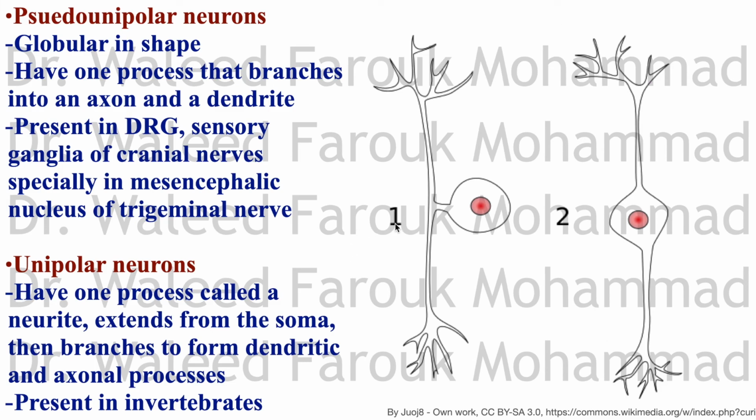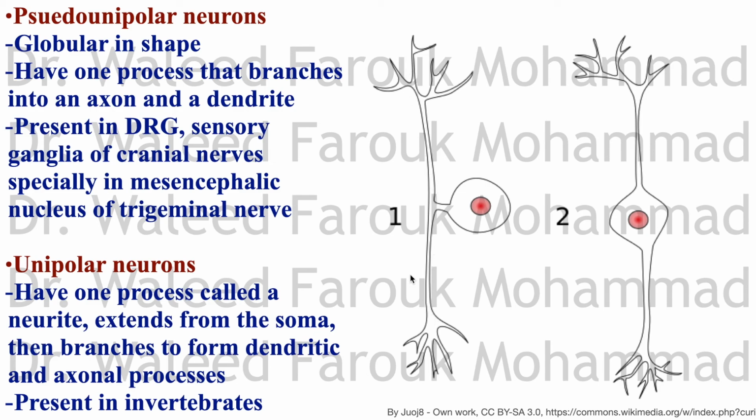Pseudo-unipolar neurons. Pseudo-unipolar means like a unipolar, but it's not. It's globular in shape, as you can see here. It has one process that branches into an axon and a dendrite.